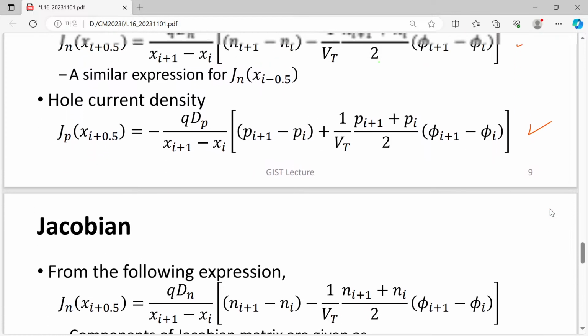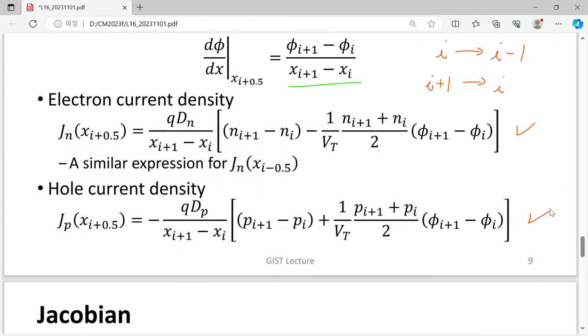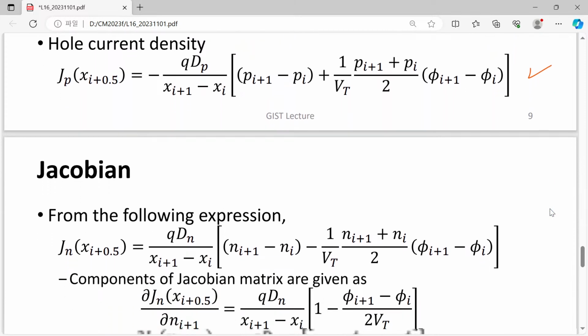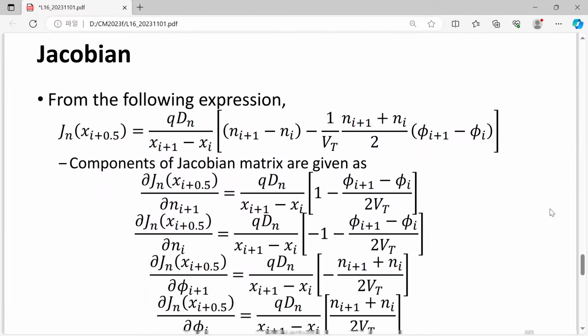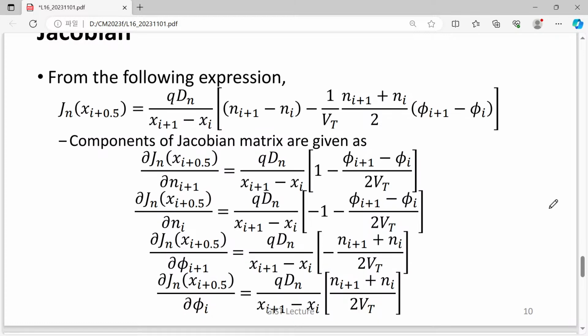So now if we adopt this kind of J sub n and J sub p, then we can also calculate the Jacobian matrix. Please understand this one.